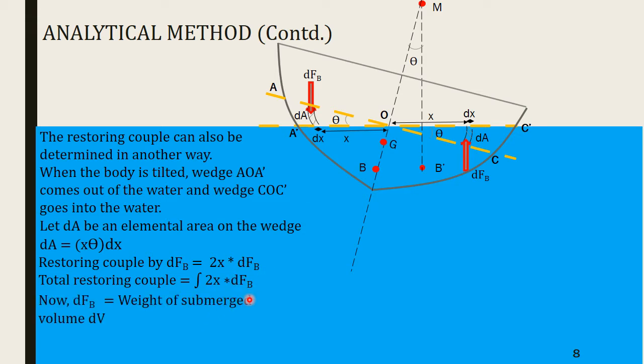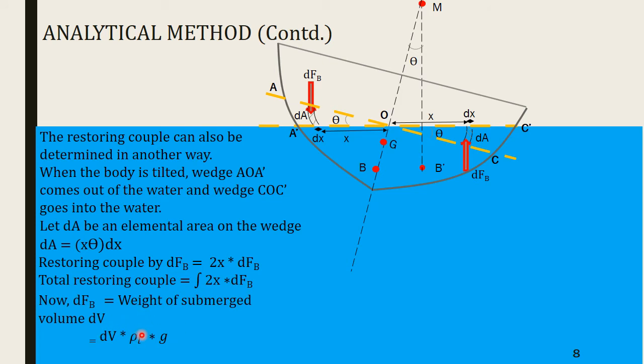Now, dFB would be the weight of the submerged volume dV. There is a volume corresponding to this elemental area dA, and the weight of that submerged volume would be equal to the buoyant force dFB. That is given by volume into density of the fluid into g.